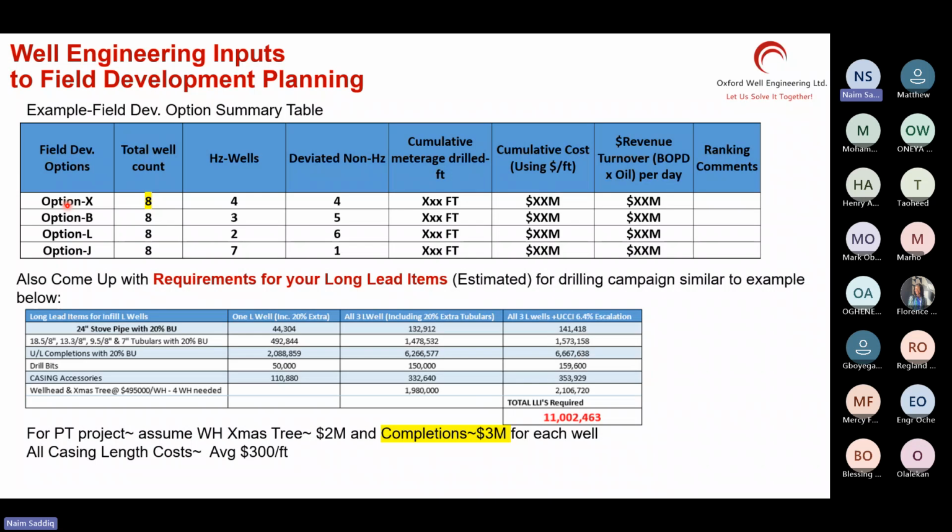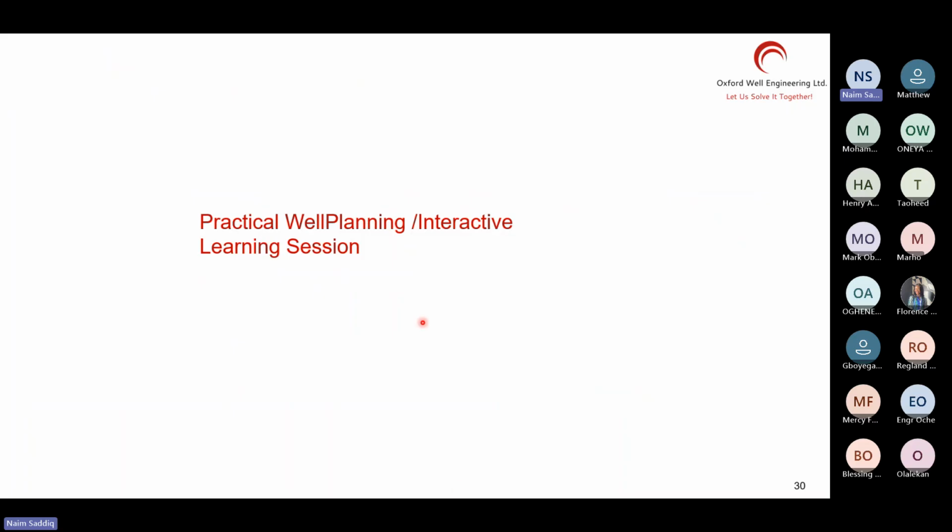Now for option B, for example, you have 8 wells, 3 horizontal, 5 are non-deviated, but they are not horizontal. What will be the length of each multiplied by the number of each type of well? Because we already know what the length is going to be at each point. So we can also calculate the cost of steel, the hardware, basically. Okay, so you can actually calculate it.